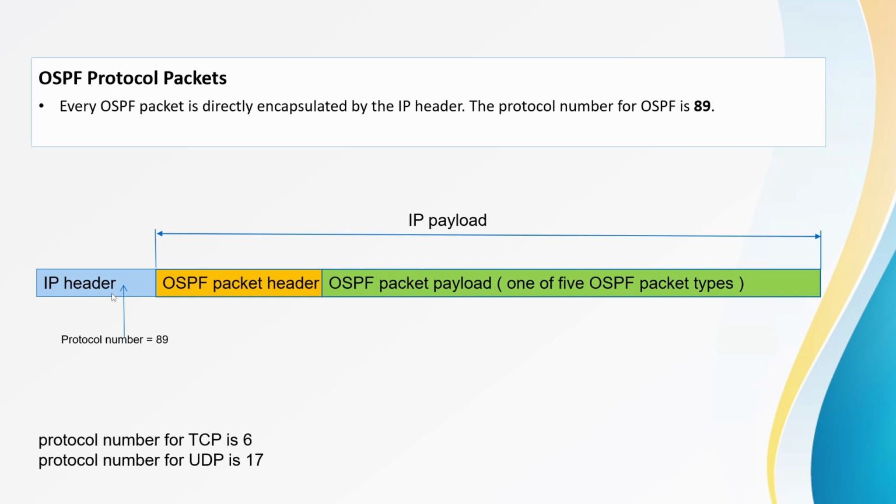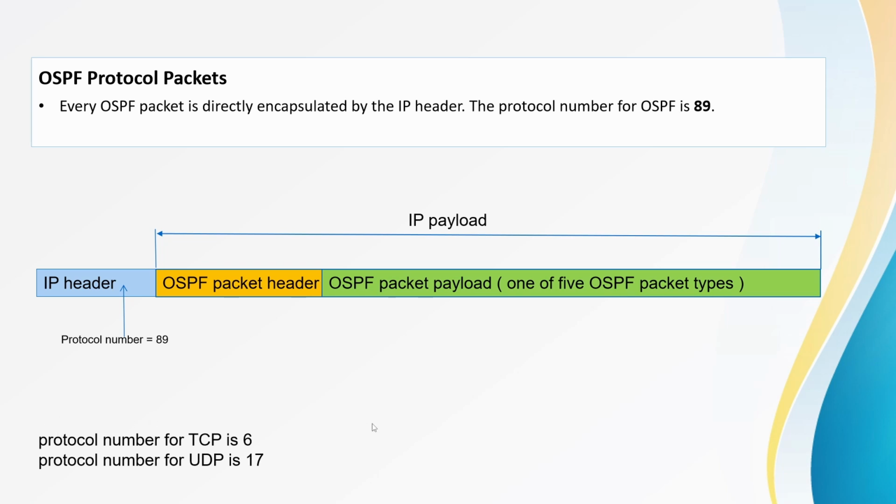The IP header has a field called protocol. Protocol indicates which protocol is running in the next layer. Here the protocol ID is 89. Since 89 is assigned to OSPF, that means the next layer protocol is OSPF.